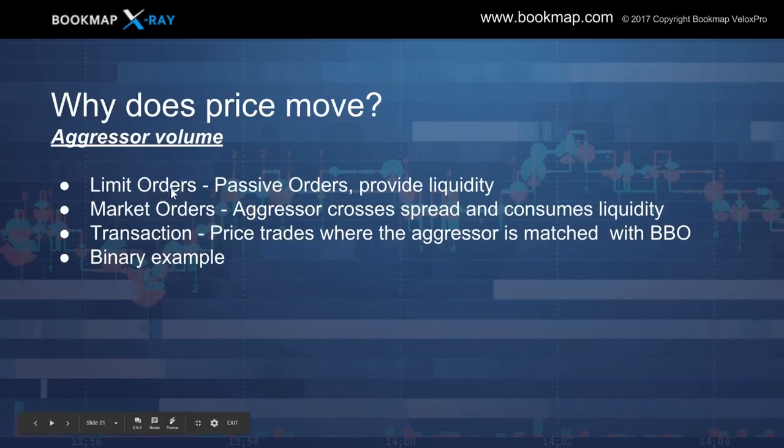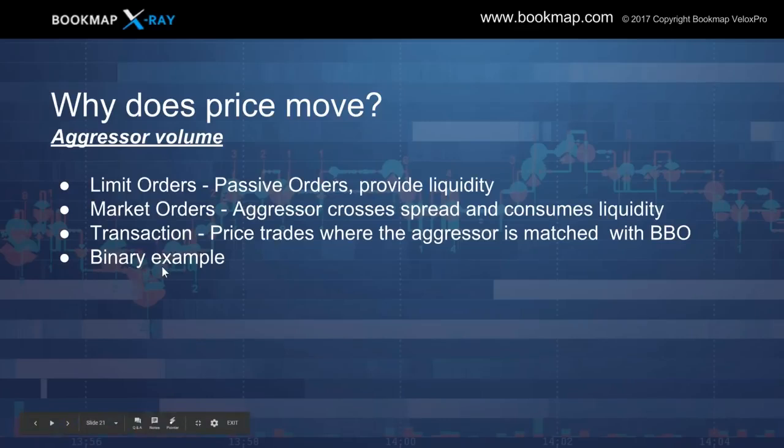They'll consume the limit orders. Most of us are familiar with this, but this is the classification of the volume we'll be looking at here: the aggressor classification, the market orders. The transaction: price trades where this aggressor is matched with the liquidity in the best bid or offer.